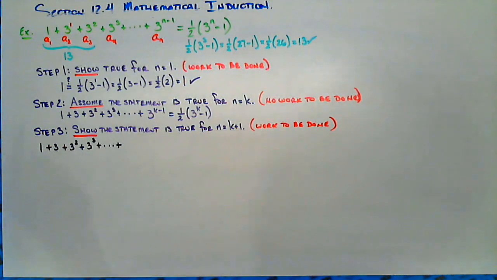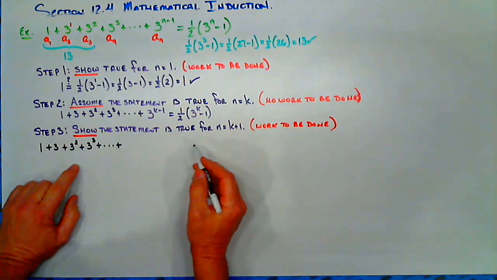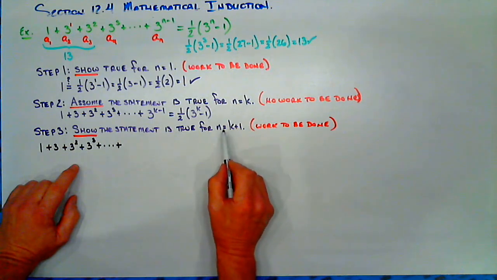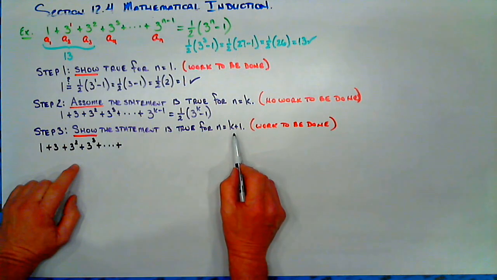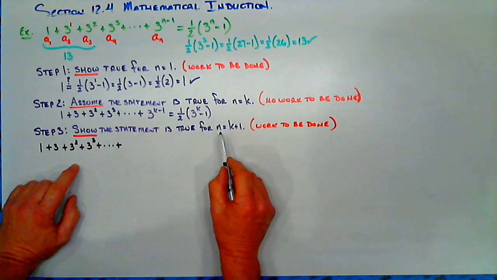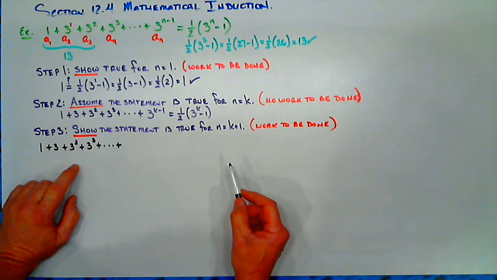Now, just like in the previous example, it's very important that we remember we want to write down not just the k plus first term, not just the term we get by plugging in k plus 1, but we want to write down the term we get by plugging in the number that comes before k plus 1.